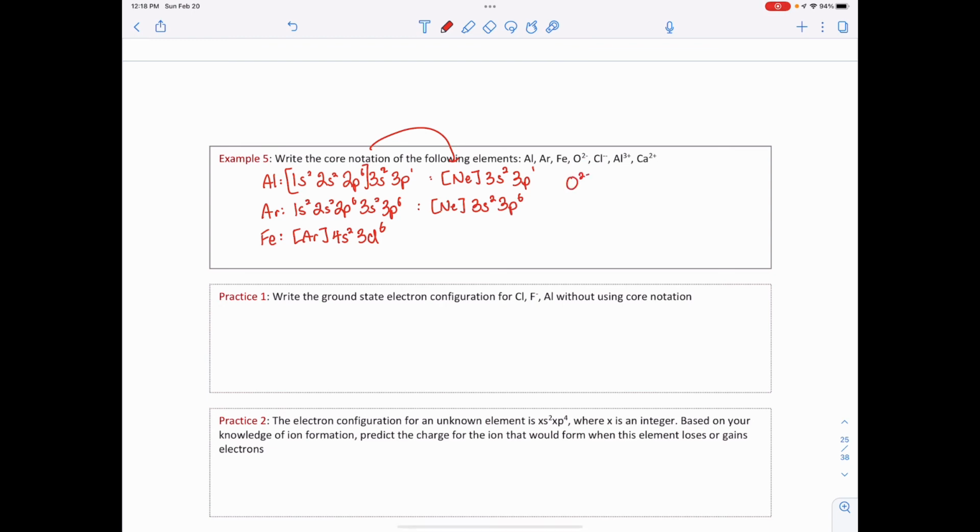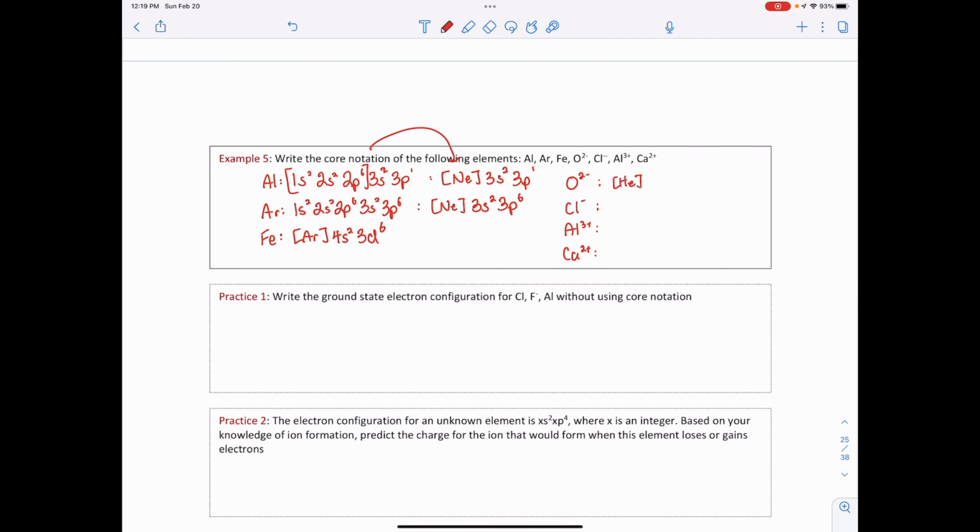Now we have oxygen 2 minus, chlorine minus (little typo there), aluminum 3 plus, calcium 2 plus. Anytime you have charges, if you have a negative charge, you're going to add electrons. If you have a positive charge, you're going to remove electrons. So for oxygen, the closest noble gas is helium.